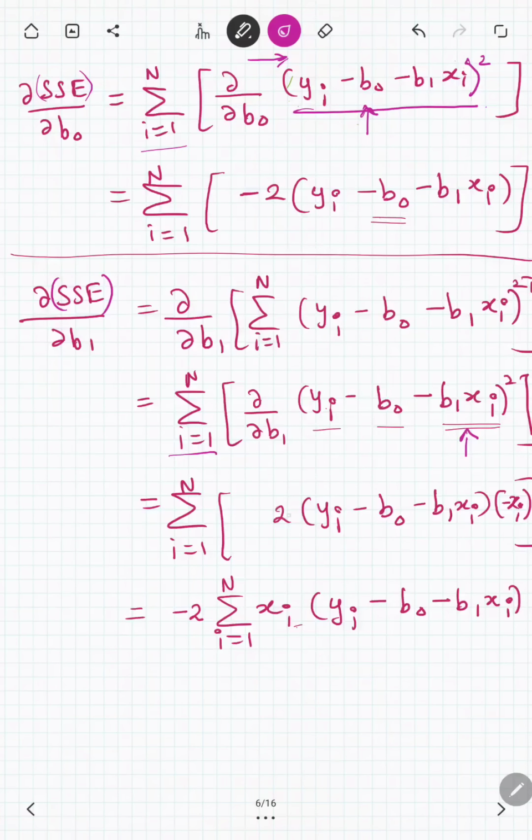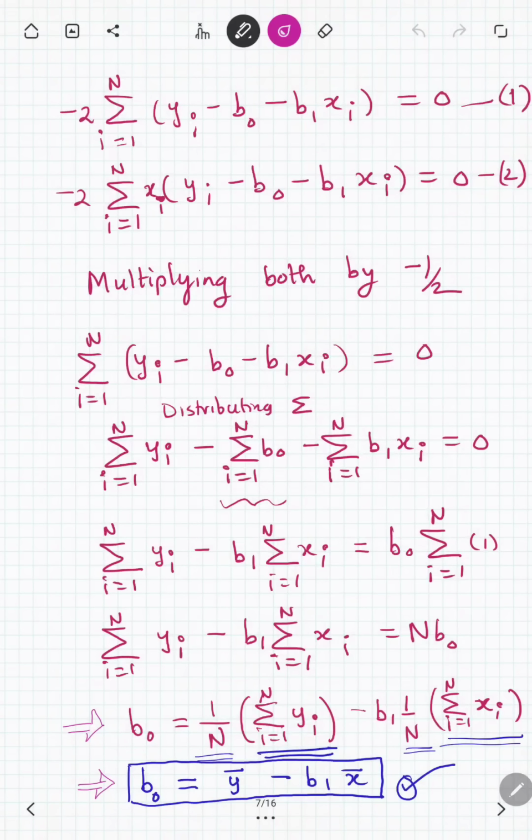So the derivative is twice of something, and inside the coefficient of b1 is minus xi. Okay, and finally you can just simplify this in this particular expression. So you can say that dou SSE by dou b1 is this, and dou SSE by dou b0 is this. And now we'll take these two and we'll set them equal to 0.